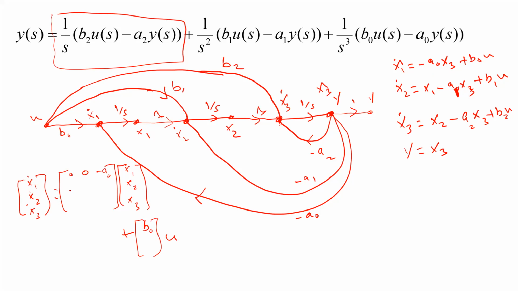How about the second one? Well, we have 1, 0, minus A1, and B1. And the last one: 0, 1, minus A2, and B2. How about Y? 0, 0, 1, times x1, x2, x3. Exactly.